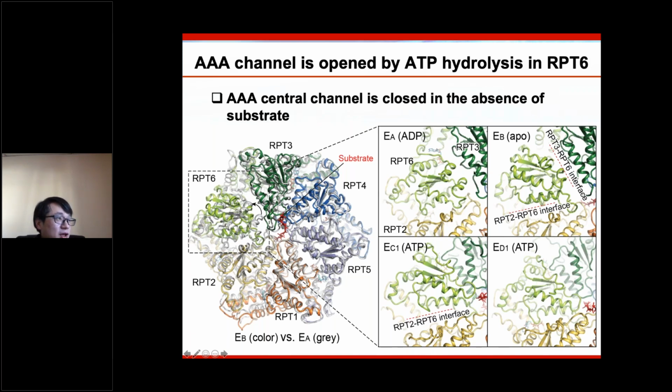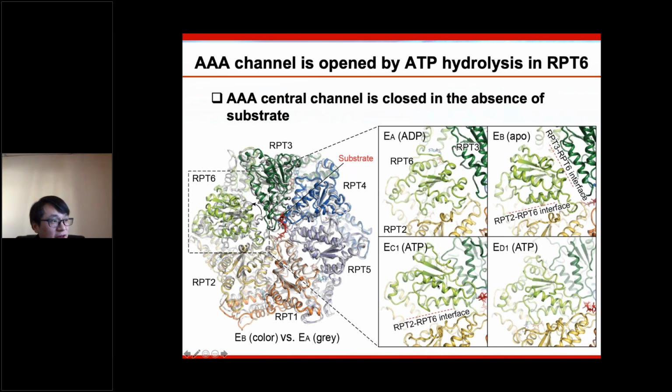If you go closer to the structure, in the EA state, you have a very tight interface between RPT6 and its 2 neighboring subunits. But then in the EB state, ADP is released. RPT6 forms a very noticeable gap at the RPT3-RPT6 interface and the RPT2-RPT6 interface.